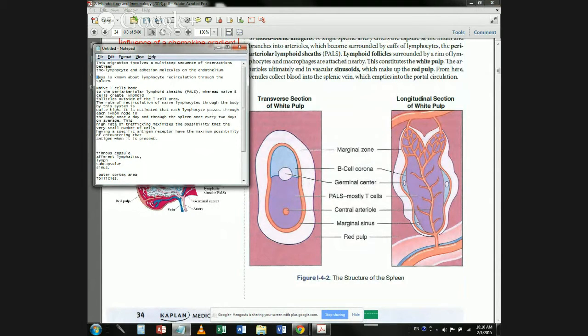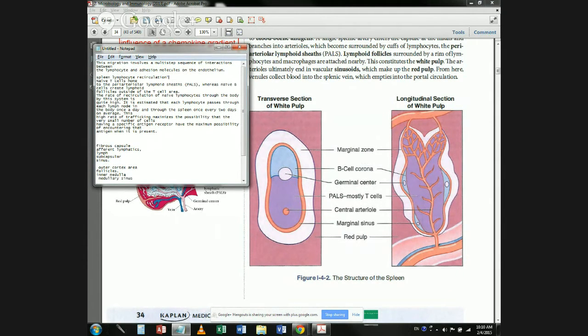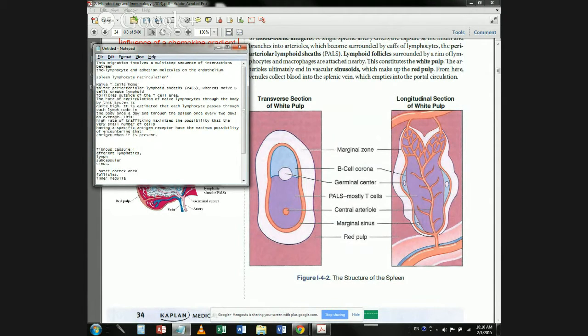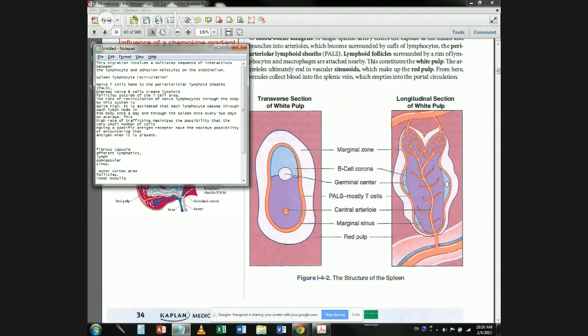So how do they recirculate? What's happening here is naive T cells home to the periarteriolar sheaths. Home, as in used as a verb. So naive T cells, that's their home, the periarterial lymphoid sheaths, and naive B cells create lymphoid follicles right outside of the T cell area.